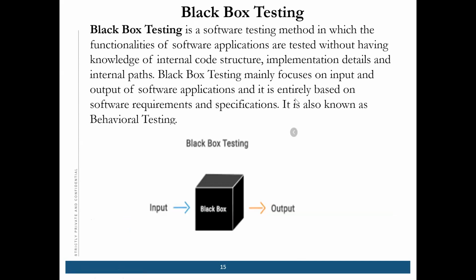It's very simple. It's also called behavioral testing, because we only focus on the behavior, not the internal implementation. We just focus on how it is behaving functionally, whether it is working properly or not. We are not bothered about the coding part in black box testing.